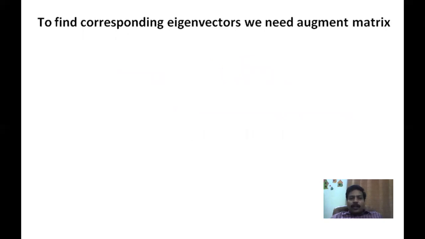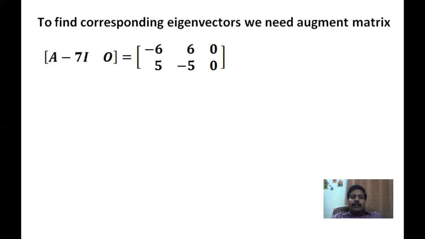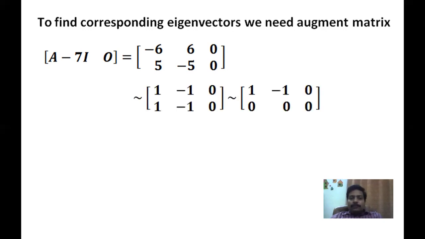So 7 is an eigenvalue. To find the corresponding eigenvector, we need the augmented matrix. It is confirmed that 7 is an eigenvalue, but to find the corresponding eigenvectors, let us form the augmented matrix A minus 7I, 0. That is, we are adding just zeros in the last column. Now this can be reduced into echelon form.